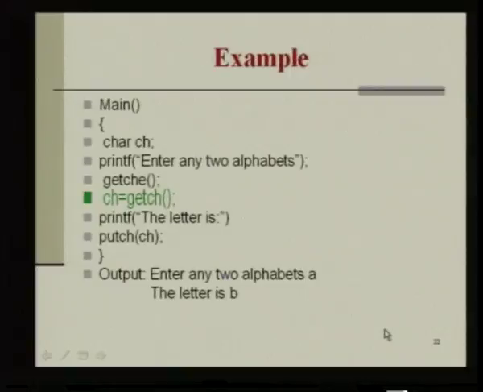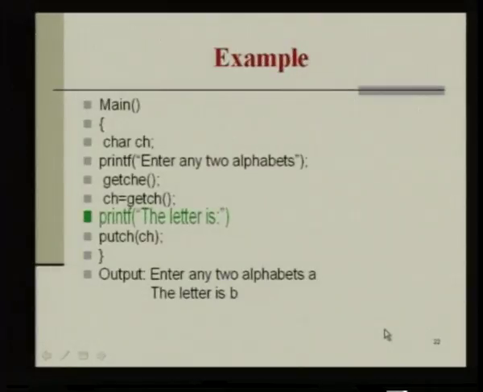In the next statement you are using getch and assigning it to the character ch. So, this accepts a character, it will not display it on the screen, but it will assign it to the variable ch. Next you are printing the line the letter is, and you are putting the character which you just accepted on the screen. Then you are closing the program, and this is how you get the output.